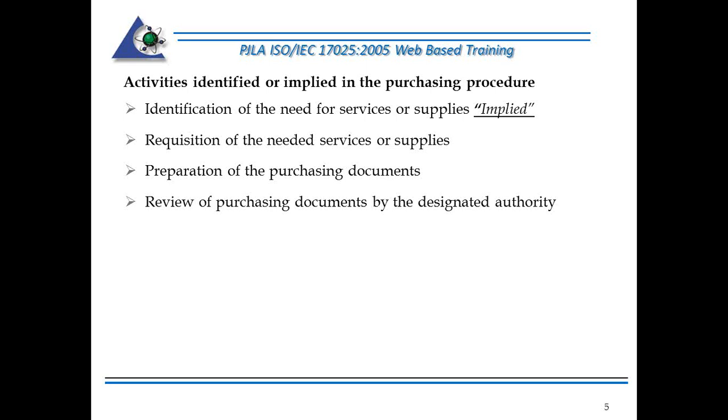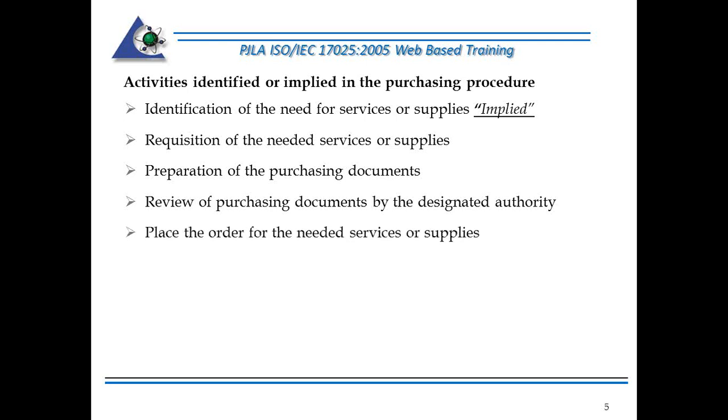So the requisition of material is the first physical activity. Someone notices that there's a need for replacement supplies or calibration services. That's brought to the attention of someone who begins the process by requisitioning the appropriate supplies or calibration services. That generates a purchasing document. That document has to be reviewed by a designated authority.